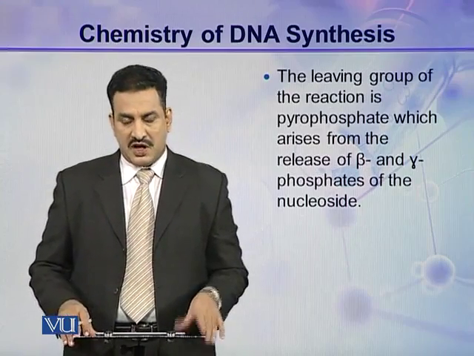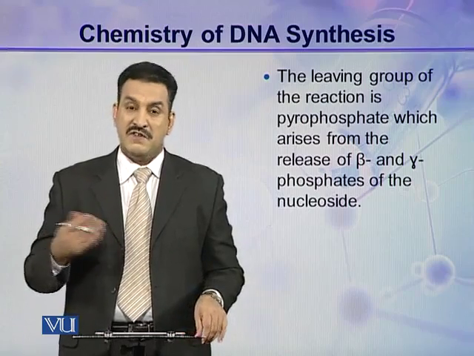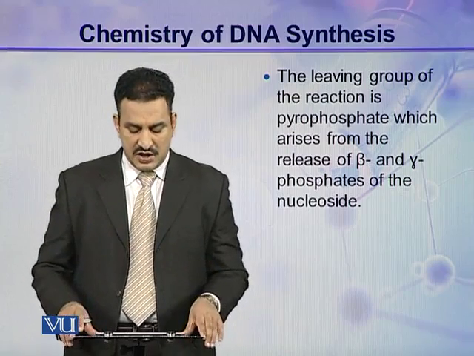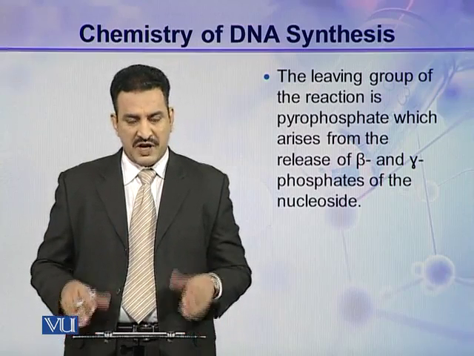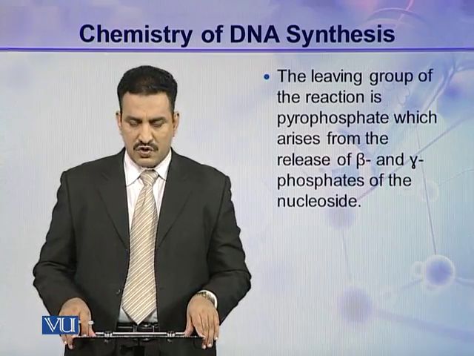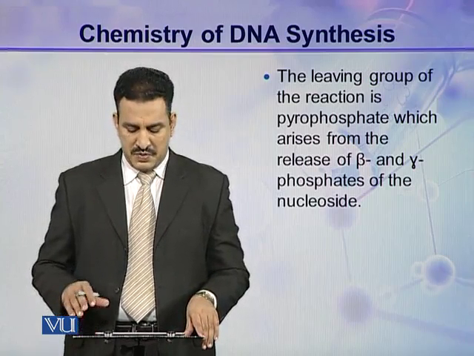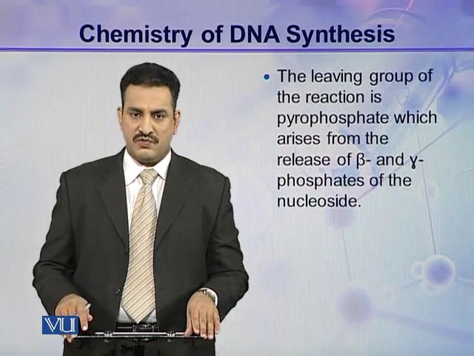After this attack, one group leaves the reaction, and the leaving group is pyrophosphate. So what is pyrophosphate? Pyrophosphate arises from the release of the beta and gamma phosphates of the nucleoside triphosphate.